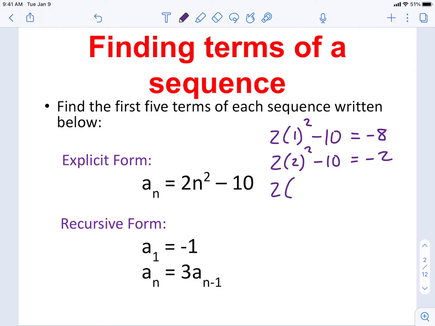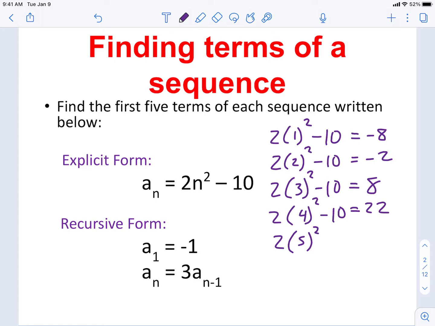Then we plug in a 3. That is 18 minus 10, which is 8. Then we plug in a 4. That is going to be 32 minus 10, which is 22. And then we plug in a 5. And that is going to be 50 minus 10, which is 40. Right? So just notice what I did there. All I did was I replaced n with 1, 2, 3, 4, 5, like that.